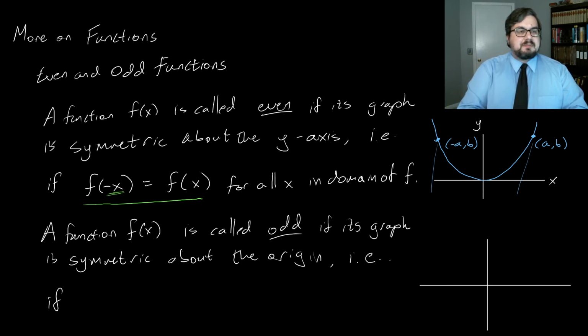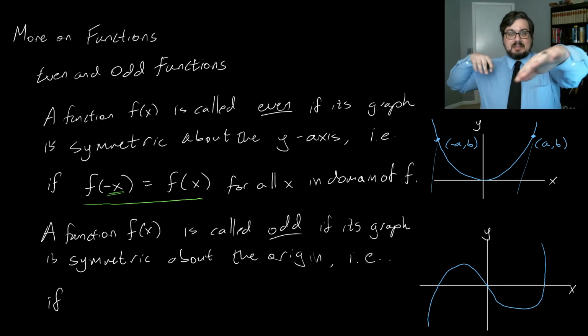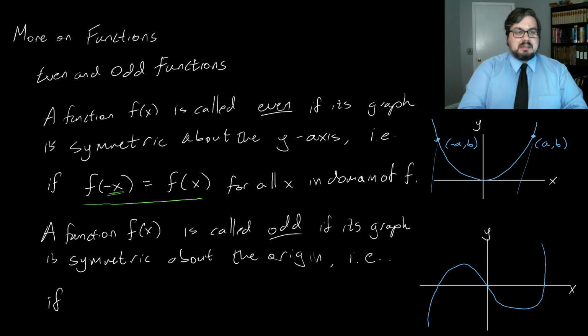Now, if a graph is symmetric around the origin, that means that it has some sort of shape, maybe like this. Where if you were to say put an axis, a needle right in the origin, and then spun the whole graph around on the plane 180 degrees, it would exactly lie on itself again.